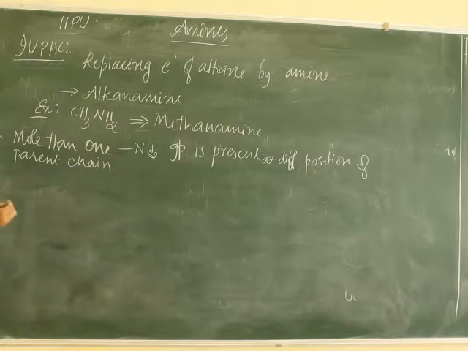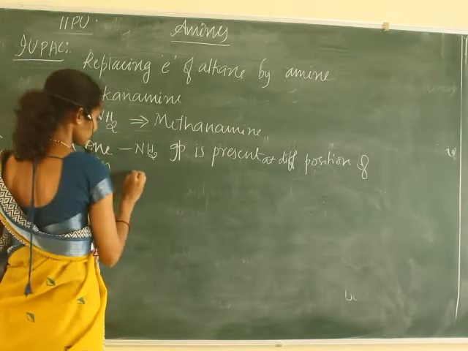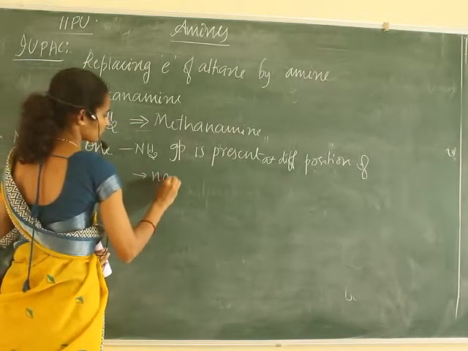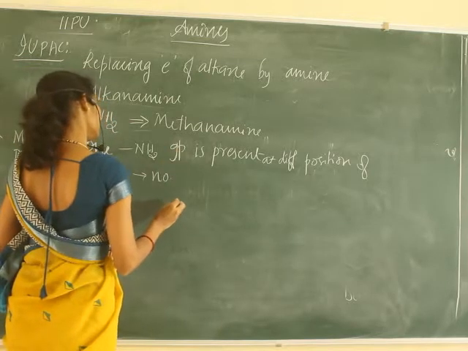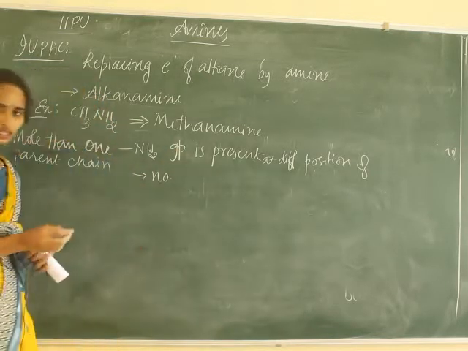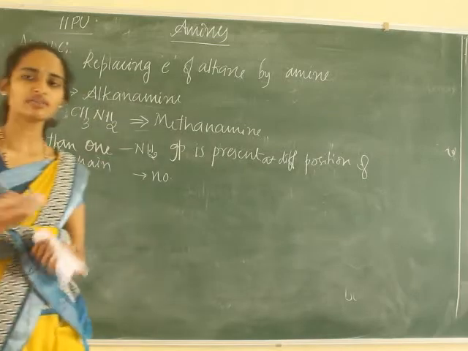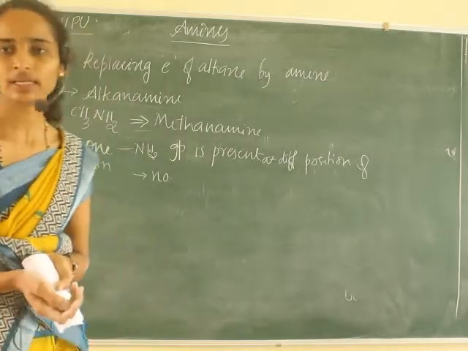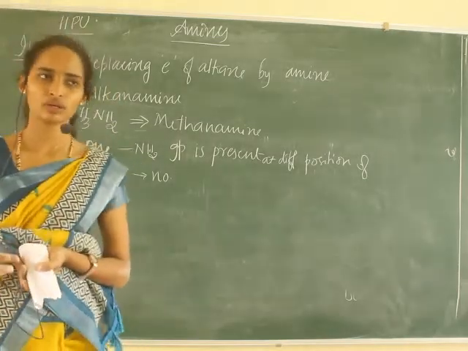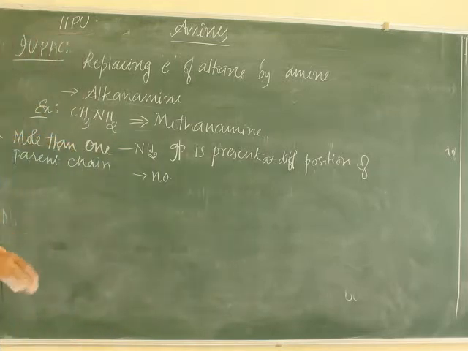If the NH2 groups are at different positions of the parent chain, then the alkane chain must be numbered in such a way that the NH2 group gets the least number. That we know about this.